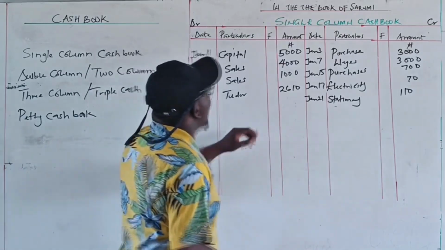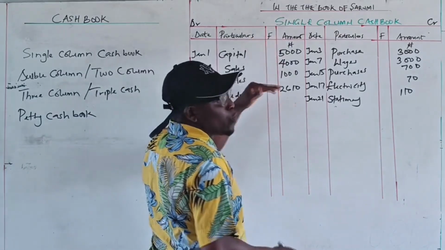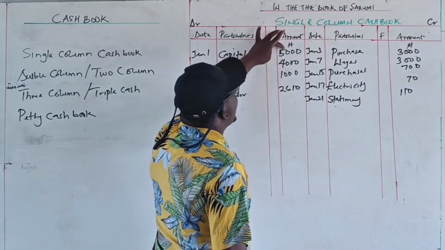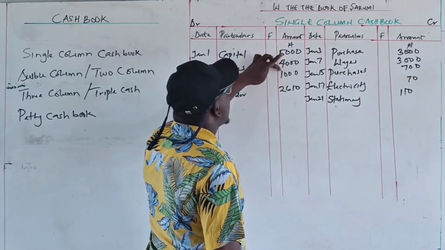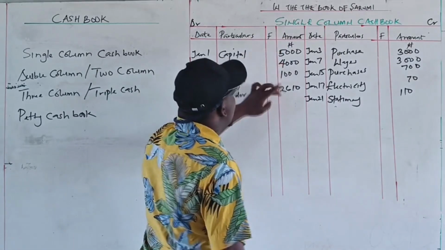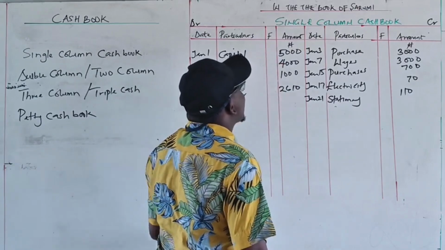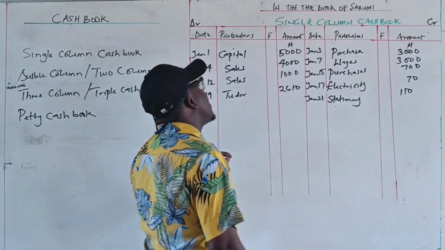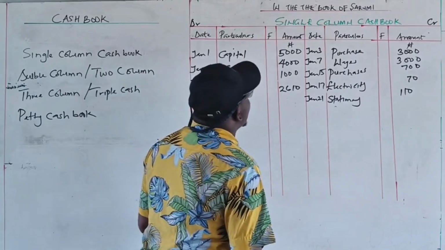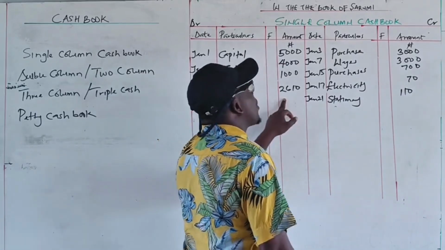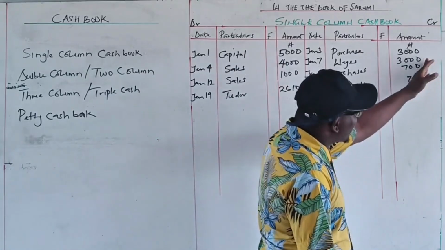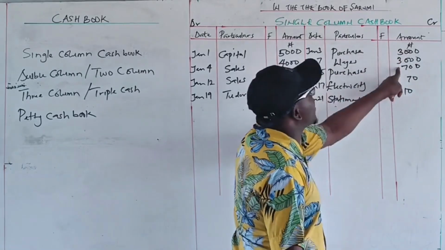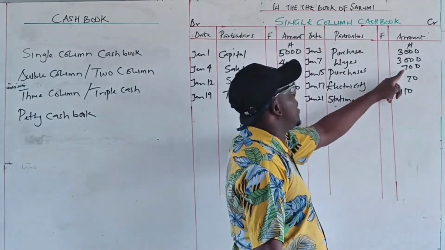So here, we add up what we have on our debit side, which is our receipt side. We have 5,000 plus 4,000, 9,000, plus 1,000, 10,000, plus 2,610, that is 12,610 naira.